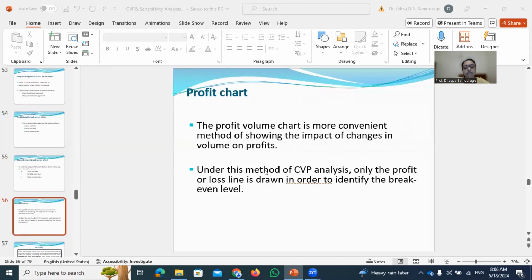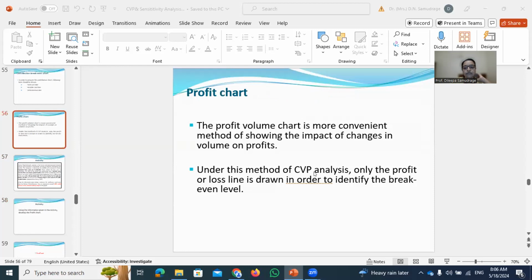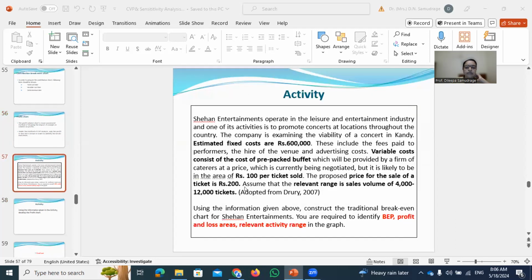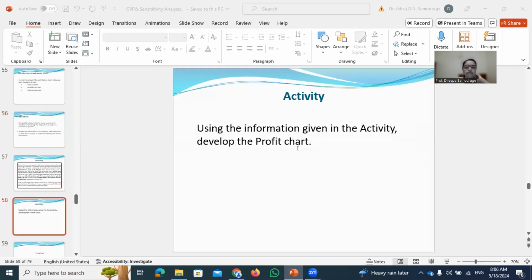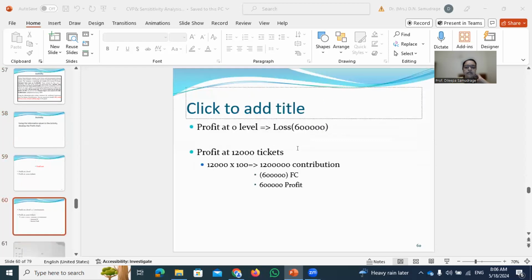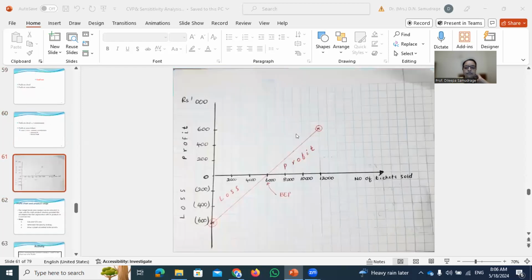Then we prepared a profit chart also. In the profit chart, you only have to draw the profit or loss line, in order to identify the break-even point. We discussed this question and we prepared the profit chart like this, right?